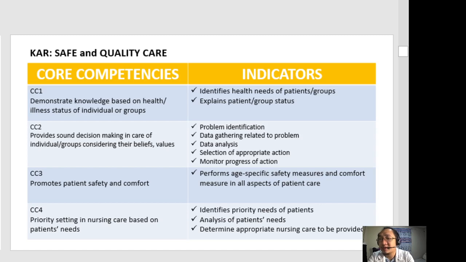You monitor the progress of action, or you evaluate, and you carry out necessary changes based on your evaluation. So it's like your nursing care plan, regardless of the patient, of the group or clients that you have, you follow this process.